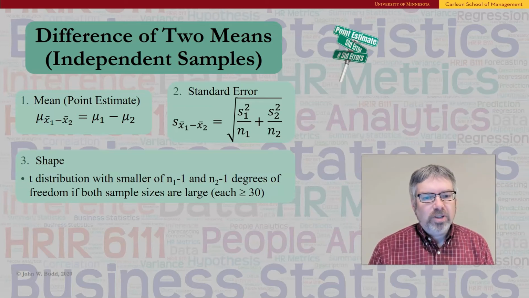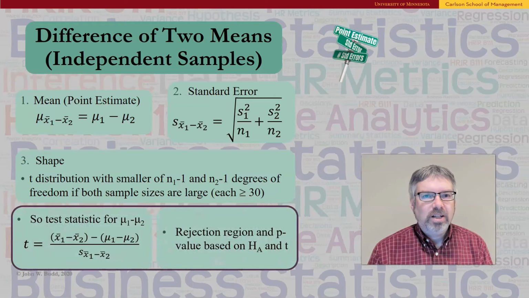So if our sample sizes are sufficiently large, then we can proceed and we can standardize our test statistic. We can standardize x bar 1 minus x bar 2 by subtracting its mean and dividing by the standard error. And we will fill in values for the difference in the two population means based on our null hypothesis.